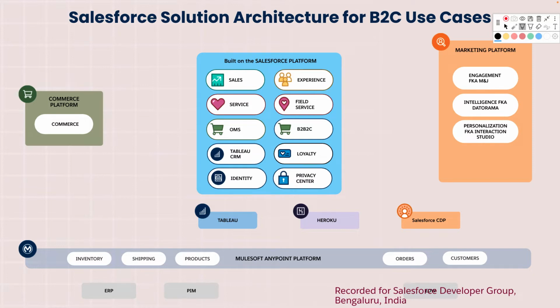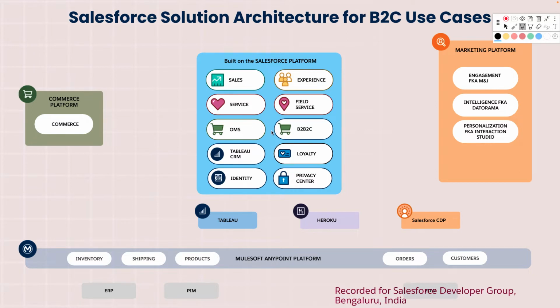Now, if I am an architect, I would like to understand how all these systems talk with each other. How can I bring commerce data to the platform? How is all that integration working? For how much do I have to use connectors? For how much do I need to use APIs? And so on and so forth.